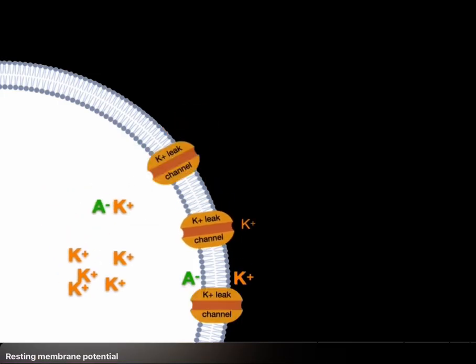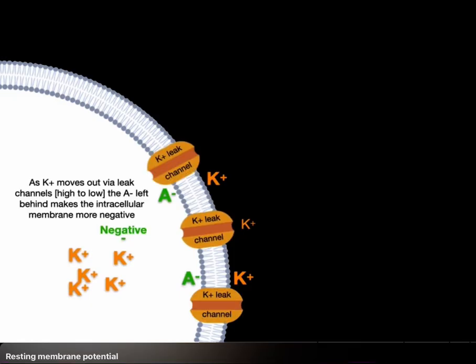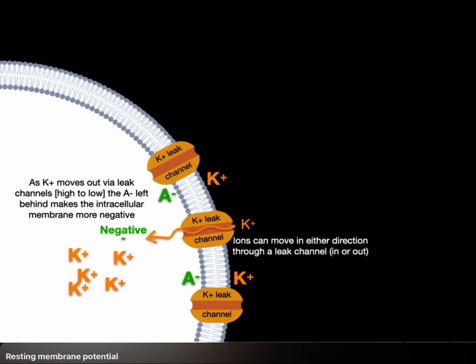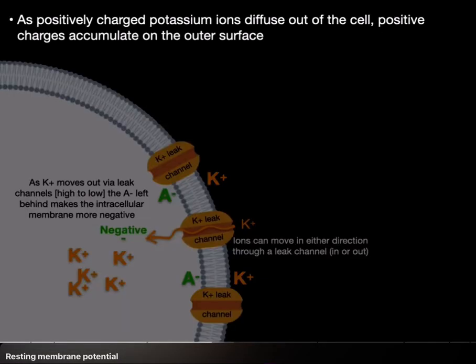And what we see is as follows. We keep having these negatively charged anions left behind. So as positive ions move out via leak channels from high to a low concentration, the negative anions left behind make the intracellular membrane more negative. And remember that ions can move in either direction through the leak channel. So positively charged ions like potassium can actually leak back when there's a stronger negative charge.